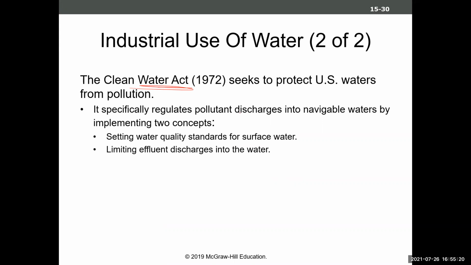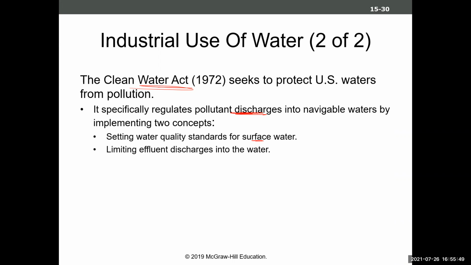So it regulates the discharge into navigable waters by setting a water quality standard for surface water. So basically saying surface water can only have this amount of this substance, this amount of this substance or chemical found in that water. If it's more, then the company or facility or source has to be found, and then they are likely going to be held accountable, being fined, all of those things.